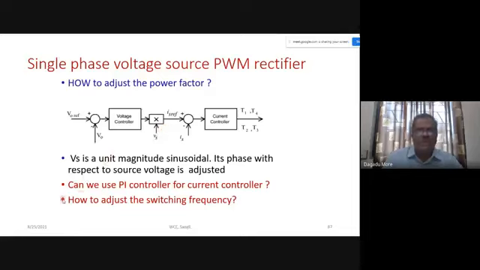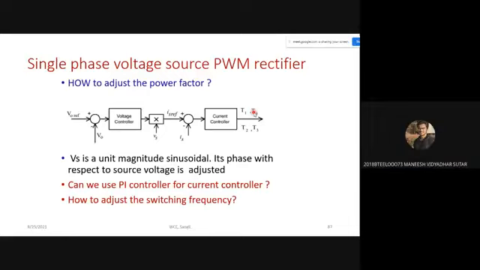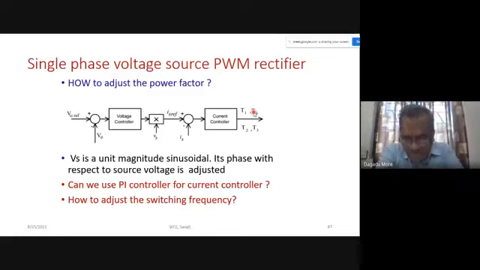Now the next question is, can we use a PI controller as the current controller? Yes. But what is the output of the PI controller? The hysteresis controller we discussed gives the switching signal directly.